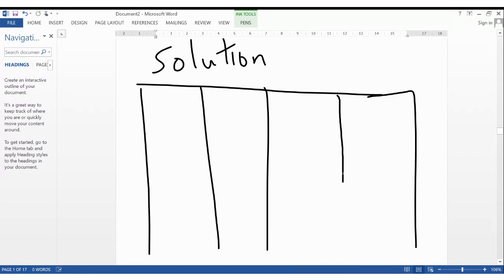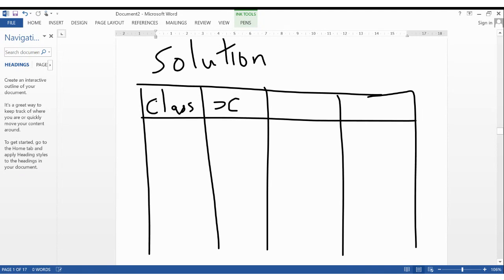So what I'll have is the class, then the midpoint, our X, then the frequency, and then Fx.